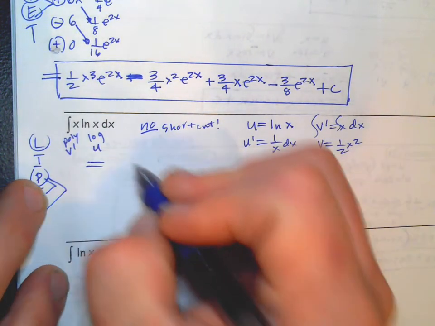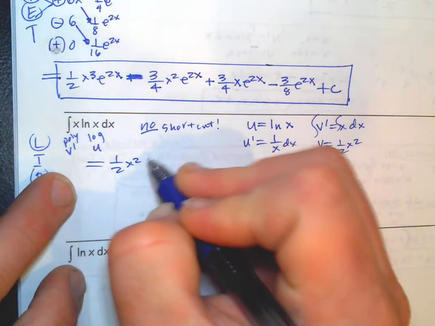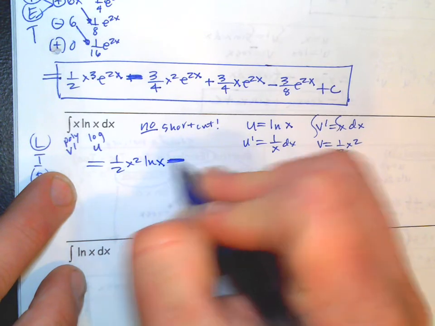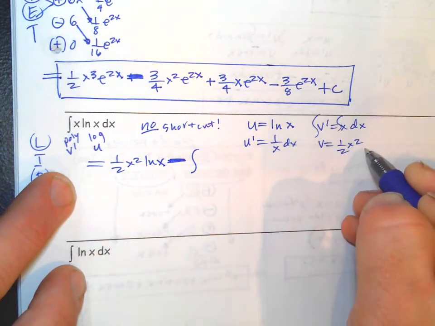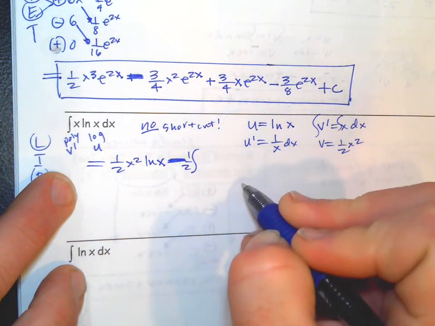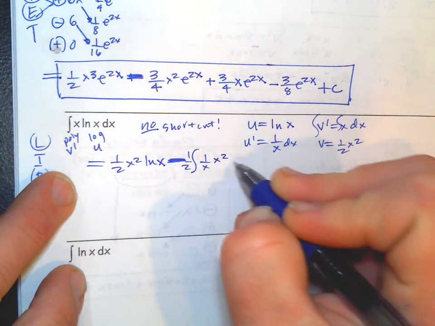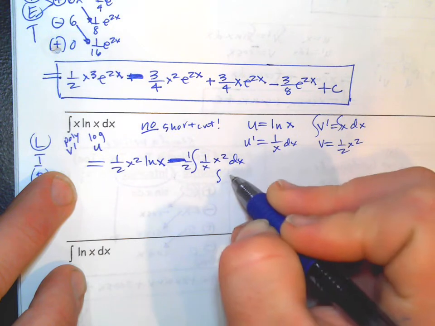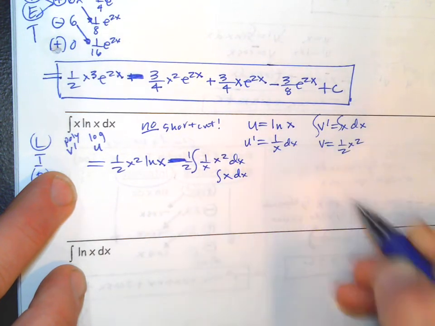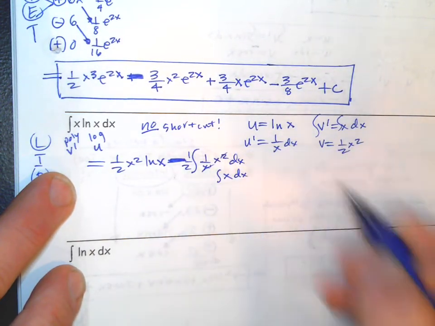uv, 1/2 x squared natural log of x, minus the integral of the two new things. I'm going to put the 1/2 out in front. And we could write this, it's going to simplify to just the integral of x, right? Power rule.